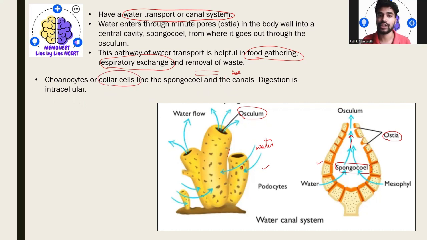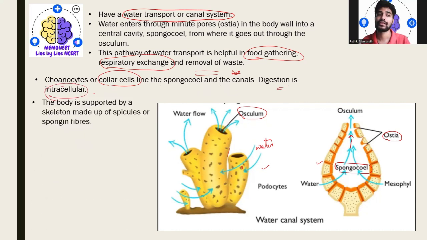They line the spongocoel and the canals. Digestion is intracellular in nature. The body is supported by a skeleton made up of spicules or spongin fibres.